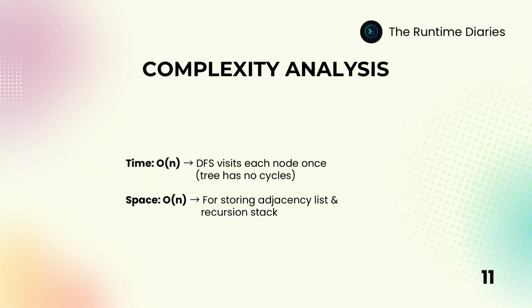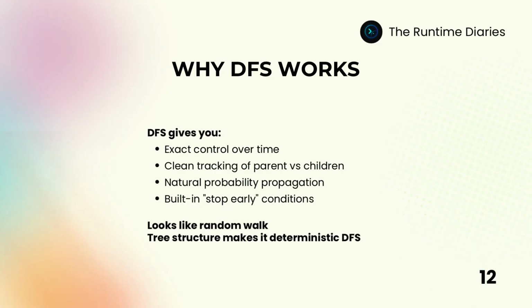Because this is a tree, DFS only visits each node once, so the time complexity is O of n. The space complexity is O of n for the adjacency list plus recursion stack. This is optimal. You can't go faster on a tree with n nodes. DFS is perfect here because probability behaves exactly like a depth-limited search.